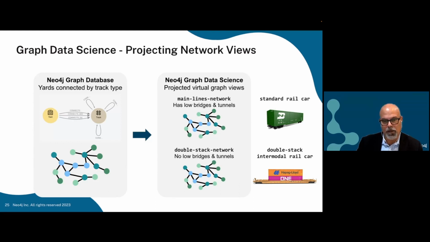And so to handle that, what we're going to do is we project from the data graph that we've built, and we create two projections: a main network that has the entire network and can handle standard rail cars of standard height. And then within that network, there's a subgraph or a subnetwork that is guaranteed to not have any low bridges and tunnels, which would obviously not handle the tall train car, right? You'd have some kind of an accident.